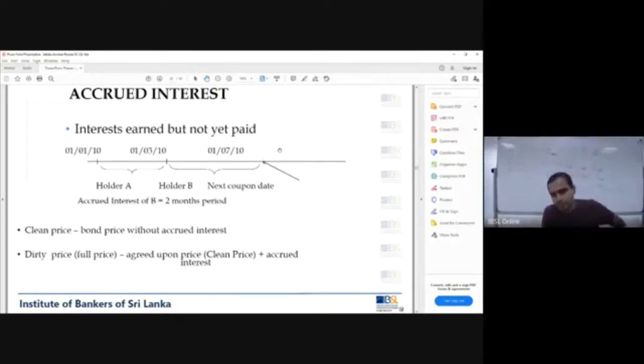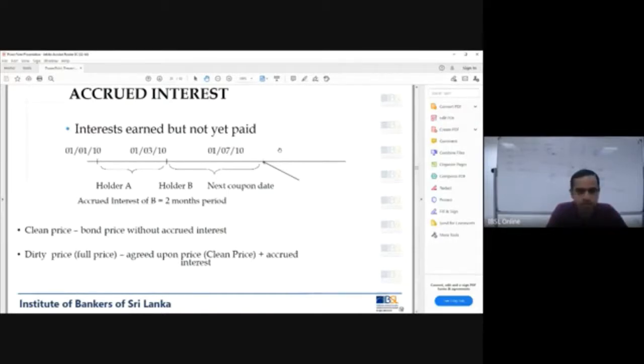So he has held on until the next coupon date. Now B will be getting the coupon because the coupon will be paid on 1st July. But A has held on to the bond for 2 months. B has had it for 4 months, right?